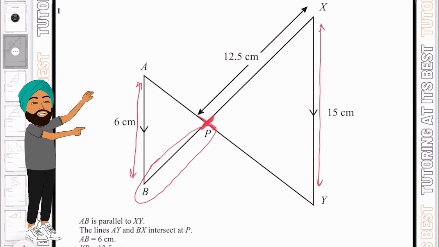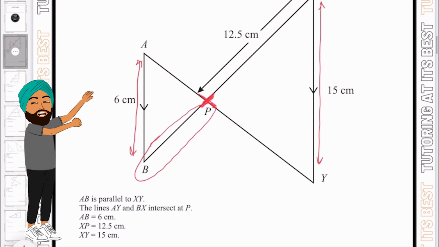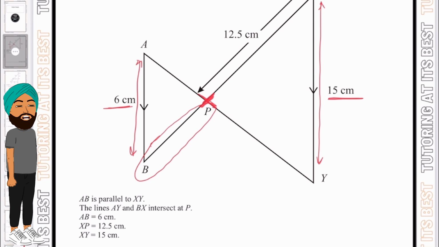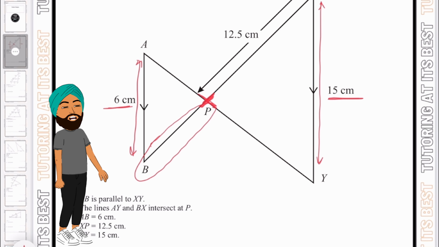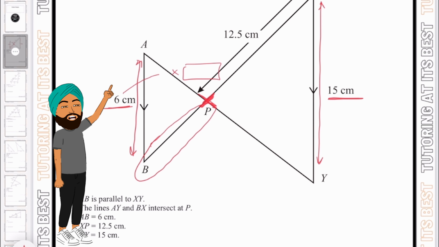As I mentioned, these are two triangles, but we now need to work out the scale factor in order to see exactly what the length of BP is. So how do we go about doing that? The first thing that we see is that 6 centimeters and 15 centimeters are both in the same position. So I need to have 6 multiplied by something which will then give me 15.